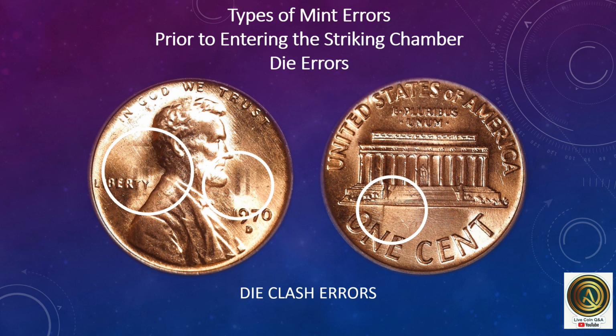Here's an example of a die clash. Portions of the reverse of the coin appear on the obverse of the coin. And likewise, remnants of the obverse appear on the reverse of the coin.